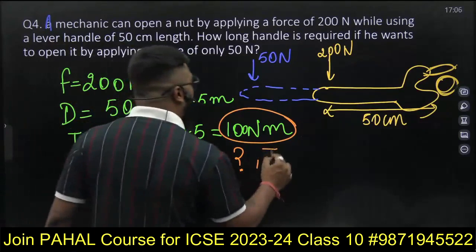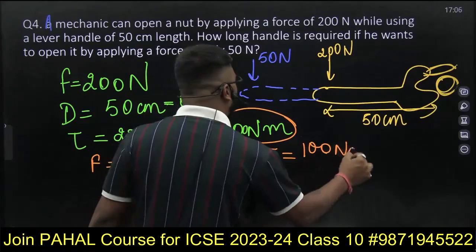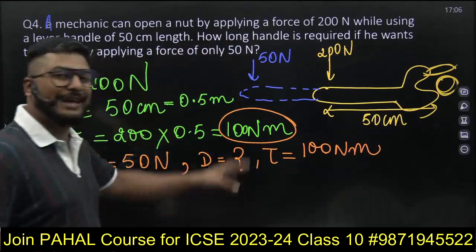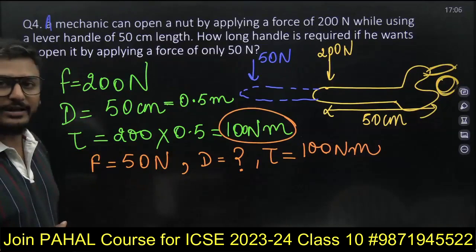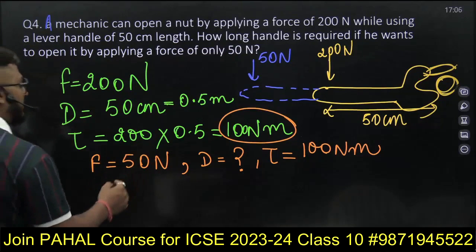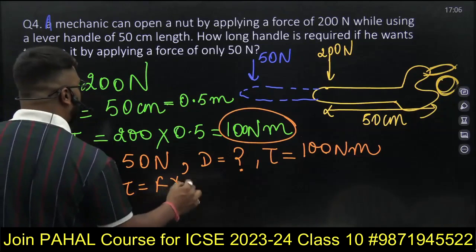So the torque required in the second case will also be equal to 100 Newton meter, which we have calculated in the first part. Now according to the question, we have to find the distance D. So let's apply the formula again. Tau is equal to force into the distance.